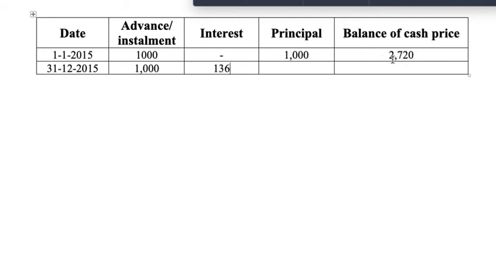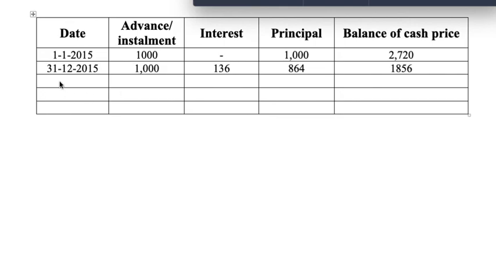If we multiply 2720 into 0.05, we are going to get 136, and the principal amount will be 1000 minus 136, so we are going to get 864. Now the balance here is 2720 minus 864, which is 1856.